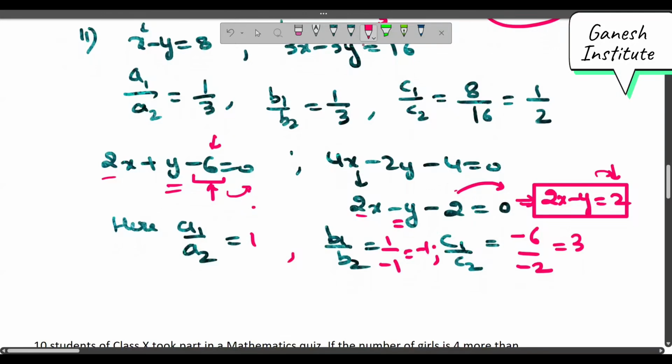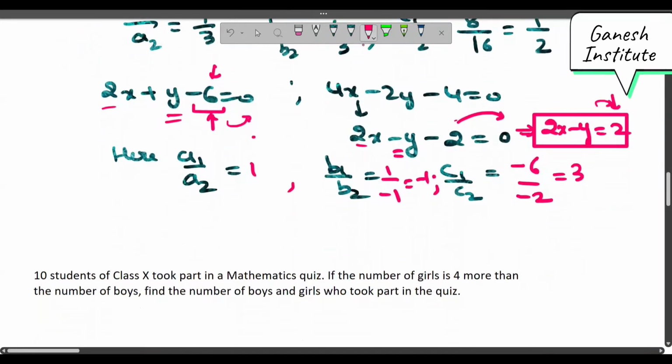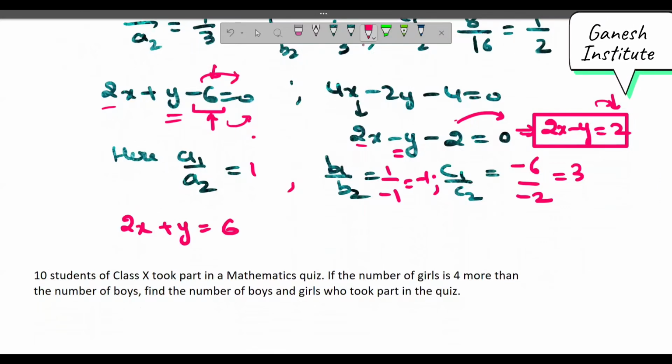Do you want me to tell you this again? Yes. Could you write it down so I can take a photo of that after? Sure. For example, if the question has given me this form, where the 6 has been taken to the right hand side, and then they give me another form in this way, 2x minus y minus 2 equals 0. While finding C1 over C2, don't write it as 6 over minus 2, because these are not given in the same format.